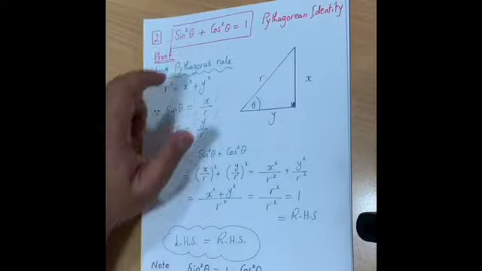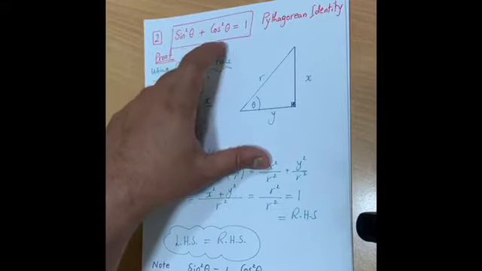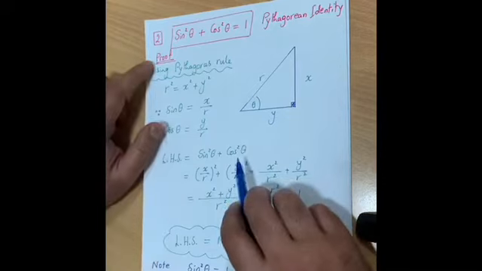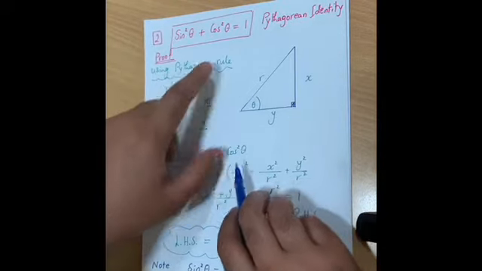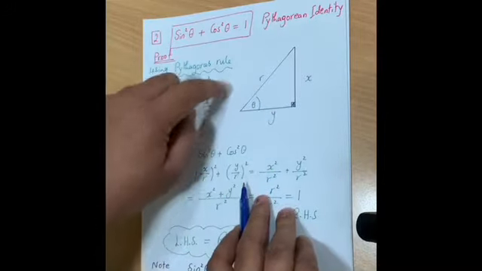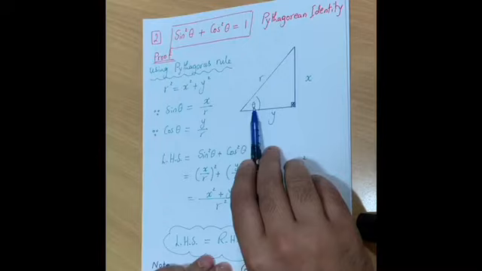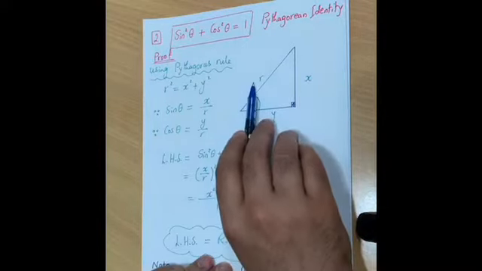The second identity is sine squared plus cosine squared is equal to 1. What do you call this identity? We call it the Pythagorean identity. How are we going to prove this identity? Easily, we're going to use Pythagoras' rule. This is the right angle triangle. This is the angle theta again. It's exactly as we did before. Opposite, adjacent, and hypotenuse.